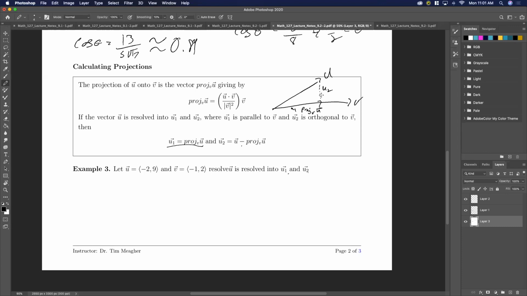Because u1 plus u2 equals u, so u2 equals u minus u1, which in u1's case is just the projection, okay?